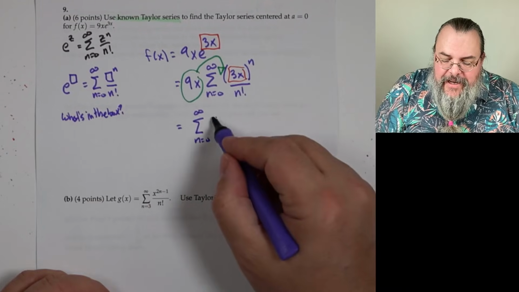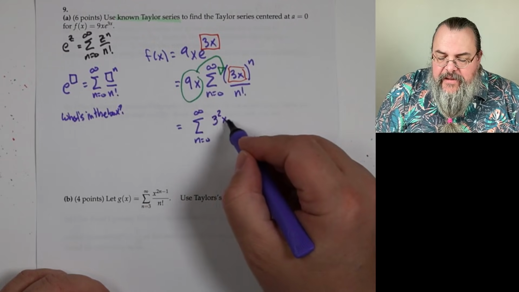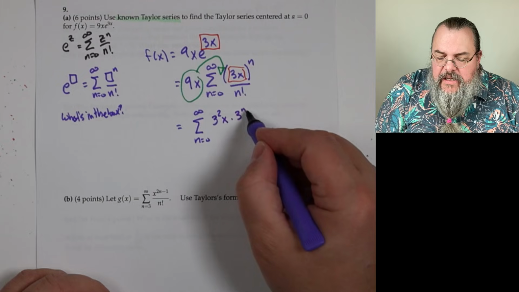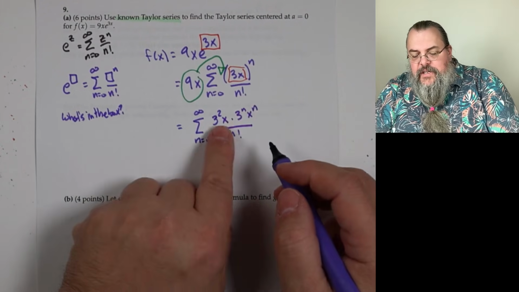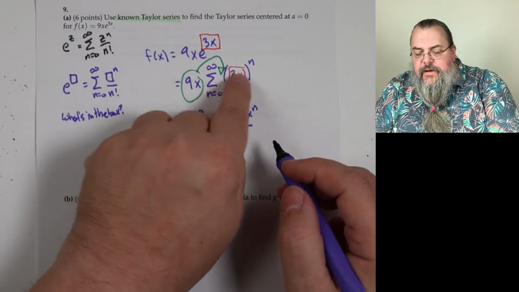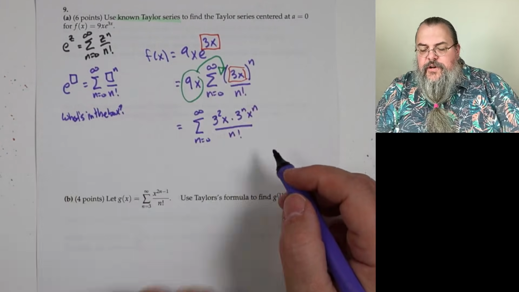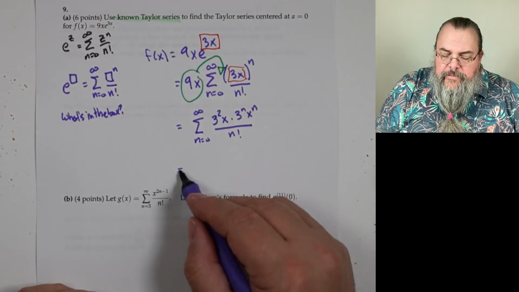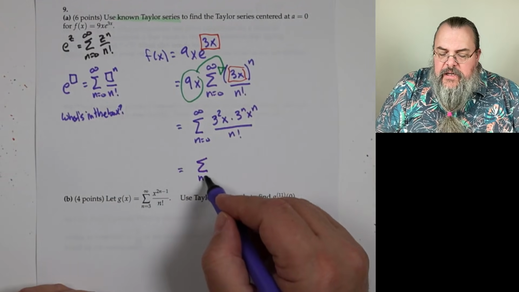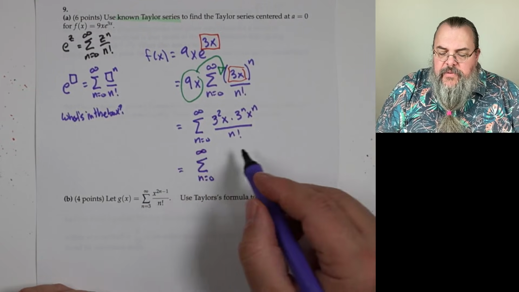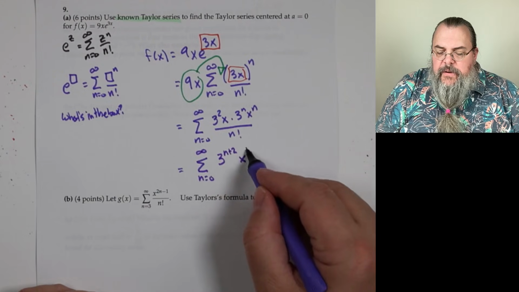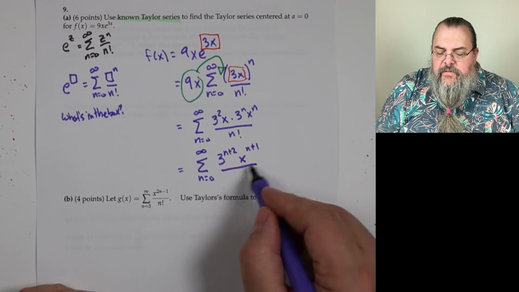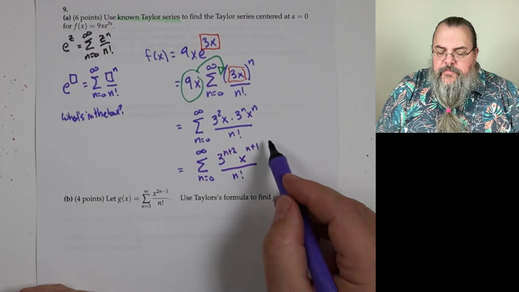So I'm going to make that 9 a 3 squared x. Then we have a 3 to the n, x to the n, and then an n factorial. Now I distribute the 3 squared x into both terms. So this is the sum, n equals 0 to infinity, of 3 to the power n plus 2, x to the power n plus 1, divided by n factorial.